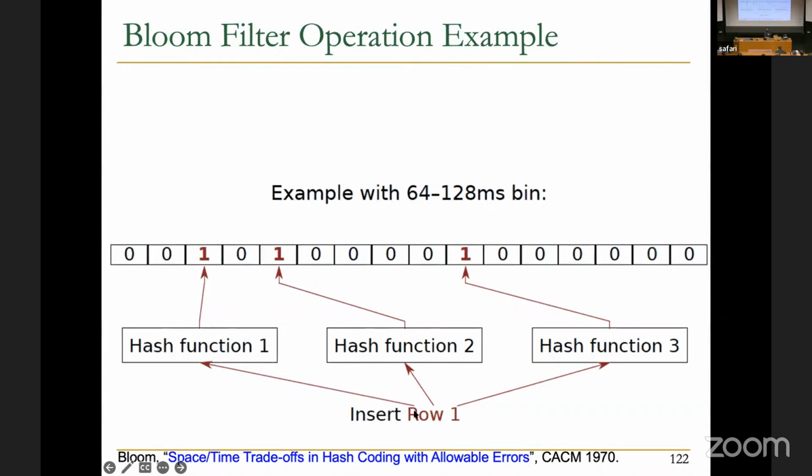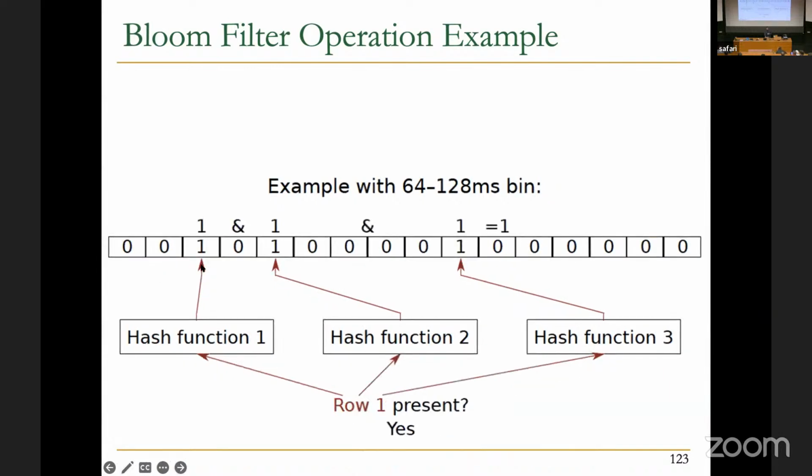When you provide this row address to three different hash functions, they generate addresses pointing to different locations in this bit array. So you go and set those bits from 0 to 1.